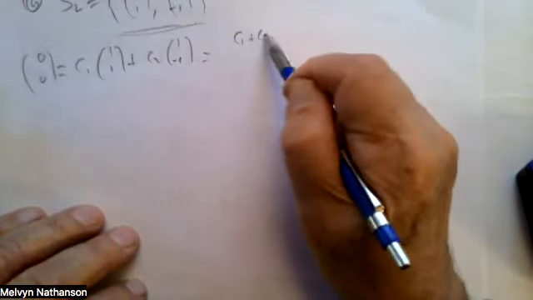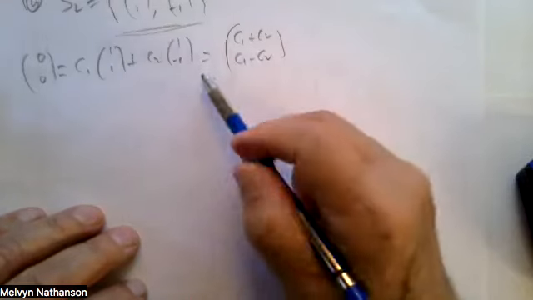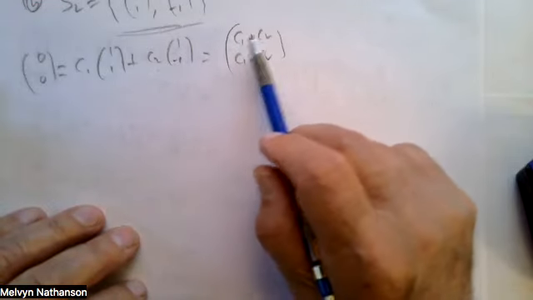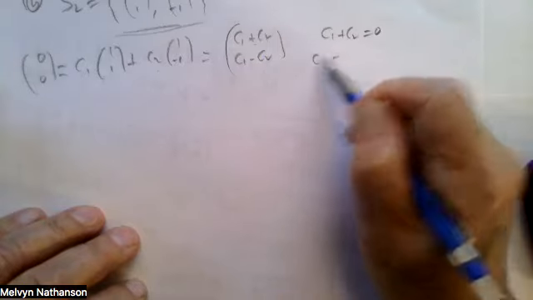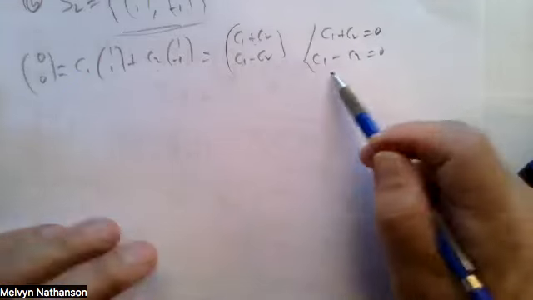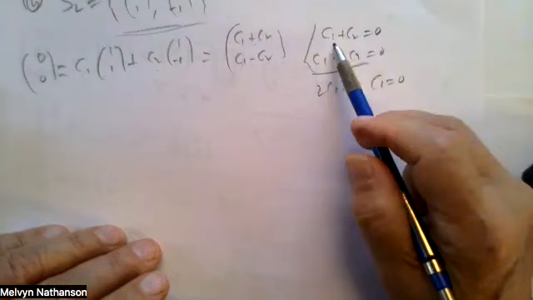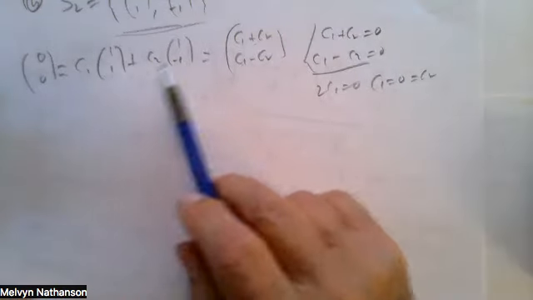This is (C1 + C2, C1 - C2). So C1 and C2 have to satisfy these equations: the first coordinate is 0 and the second coordinate is 0. When you add these equations, you get 2C1 equals 0, so C1 is 0. And if C1 is 0, C2 is 0. So these two vectors are linearly independent.